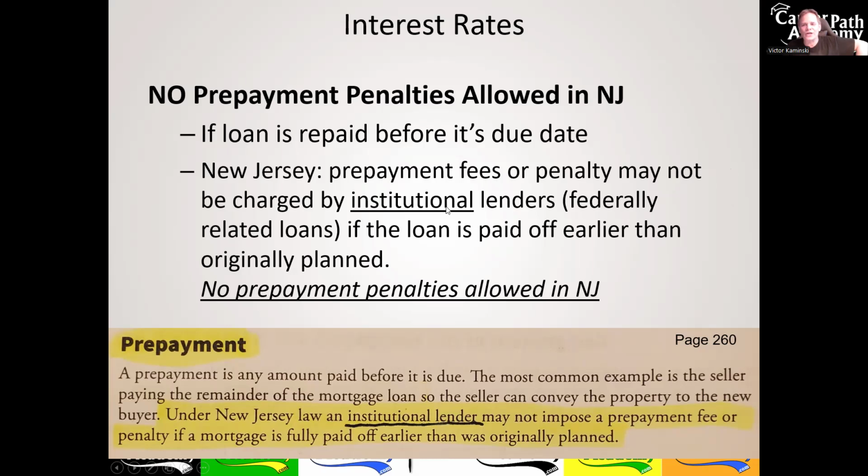You see, there's a keyword in there that you let pass. New Jersey law: an institutional lender may not impose a prepayment fee or penalty if the mortgage is fully paid off earlier than originally planned. So that's the answer we need to study and know for exams. But know that in real life, commercial loans and private loans that are not coming from institutional lenders are allowed to charge prepayment penalties.